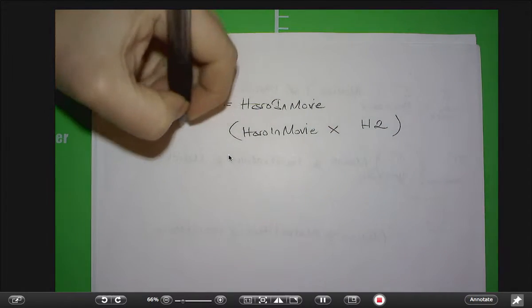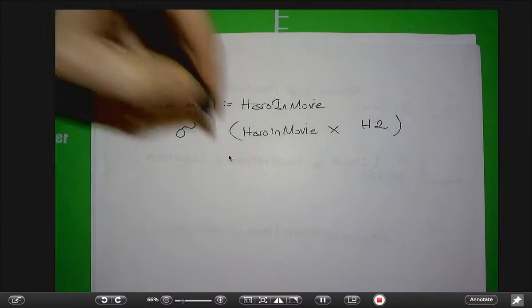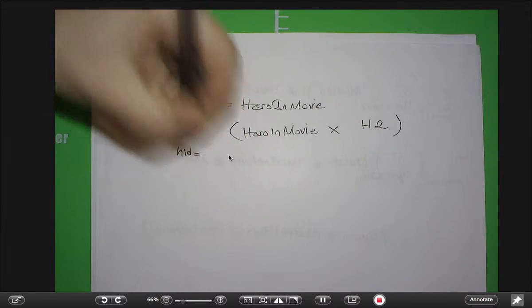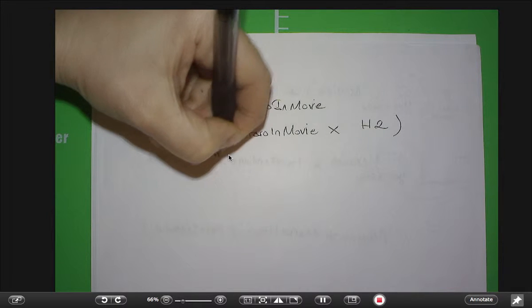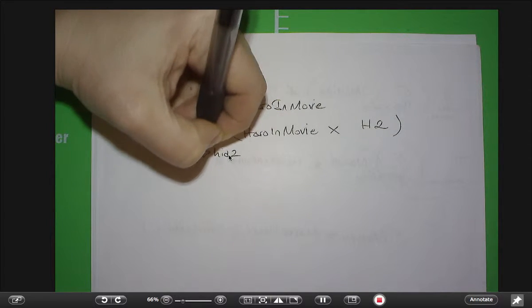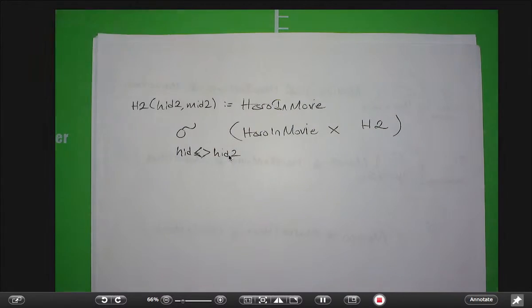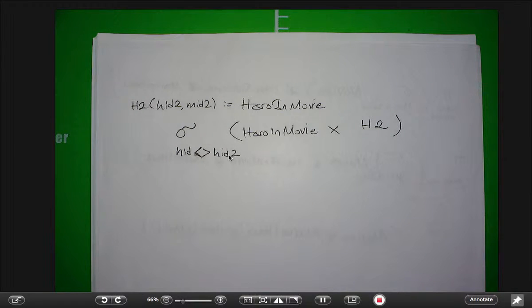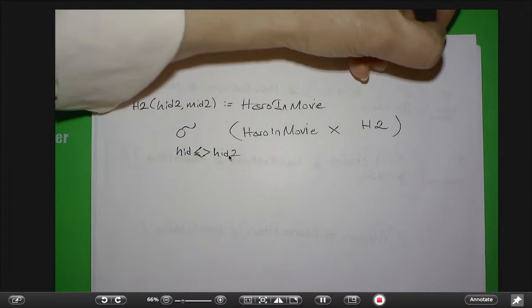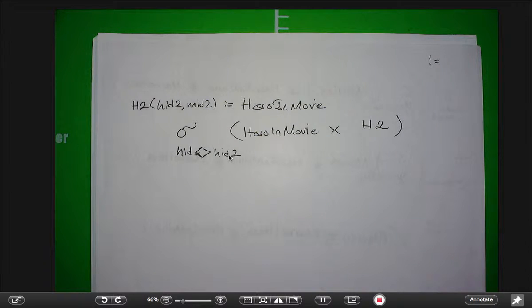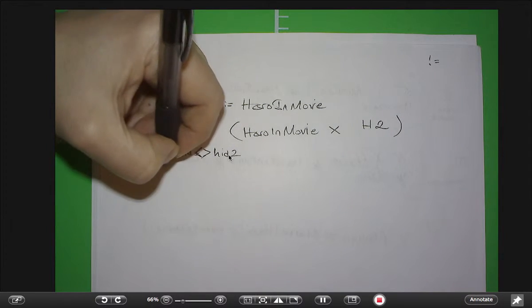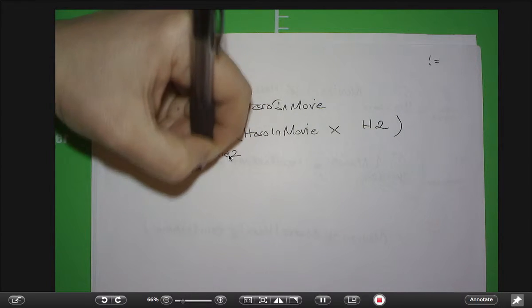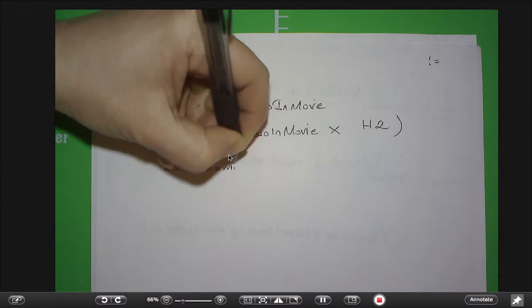Then I'm going to select from this where HID is different than HID2. Okay. So this is the SQL way of doing not equal to. The programming way actually does not work, or it didn't used to. We'll see. So this is just so you get used to it. And MID is equal to MID2.